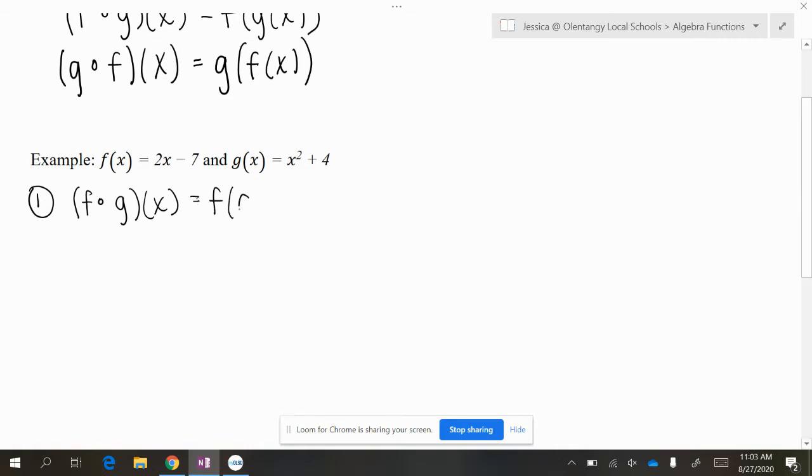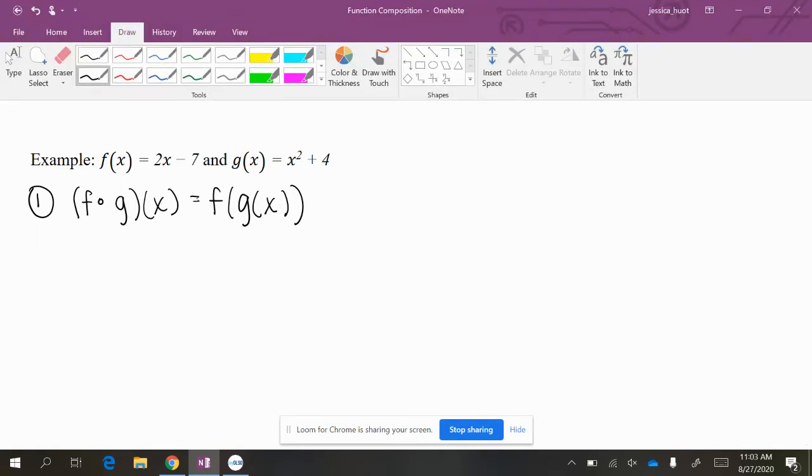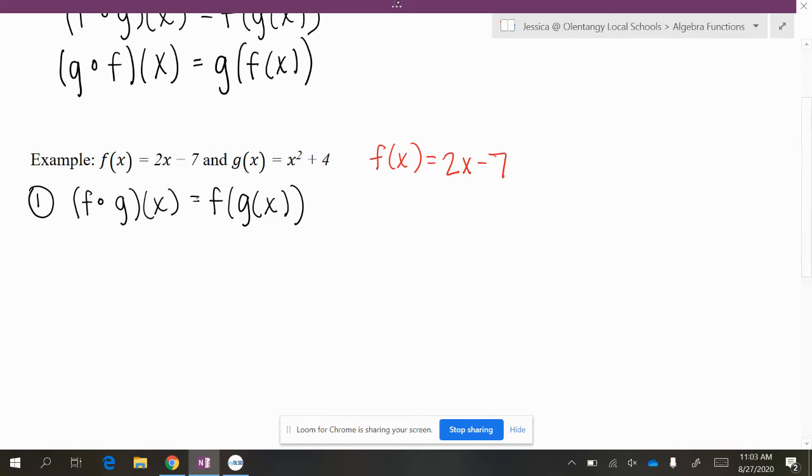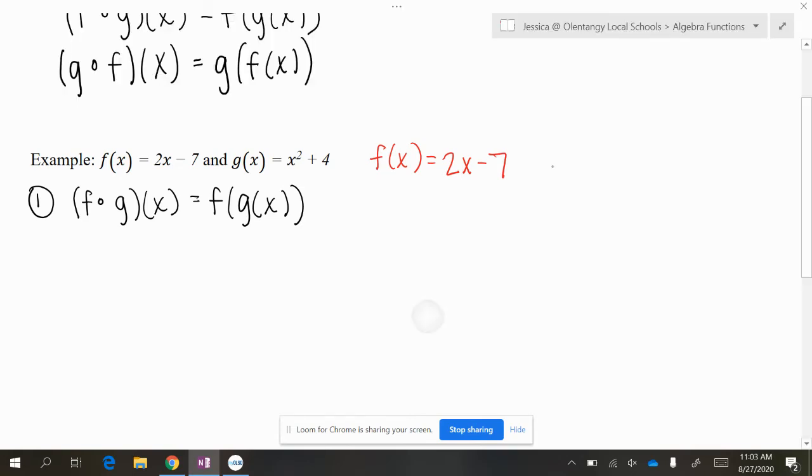So we're saying f of g of x. Now just to show you what we are doing, I'm going to go ahead and rewrite that. f of x is 2x minus 7, and let's use g of x is x squared plus 4.